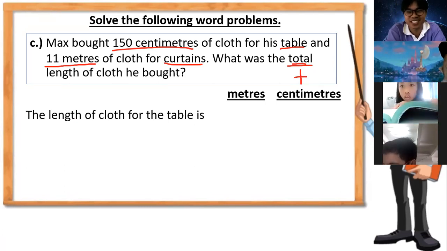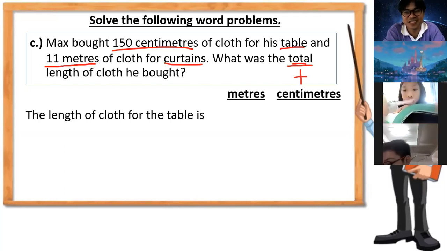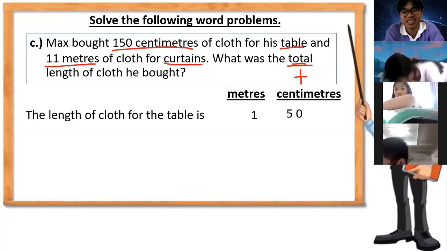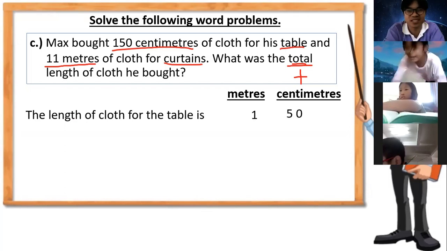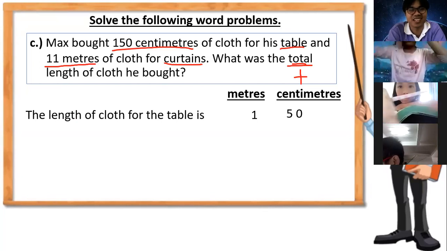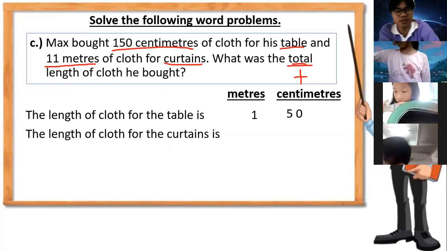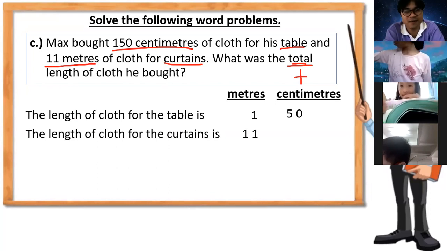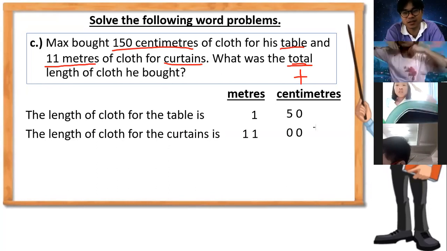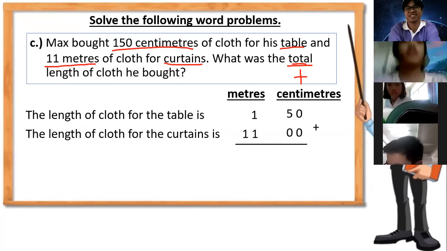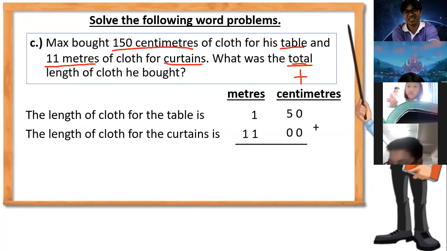And how many centimeters? 1 meter and 50 centimeters. Okay, good. Next, plus the length of cloth for his curtain, 11 meters, 0, 0, plus. 11 meters, like that, easy as that.